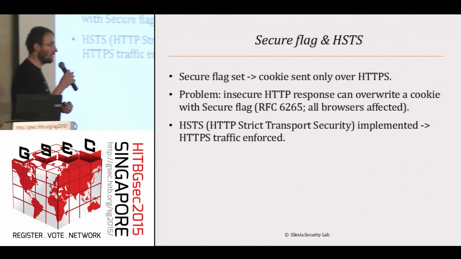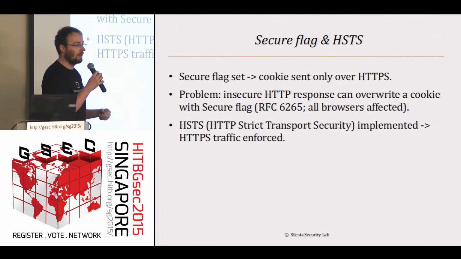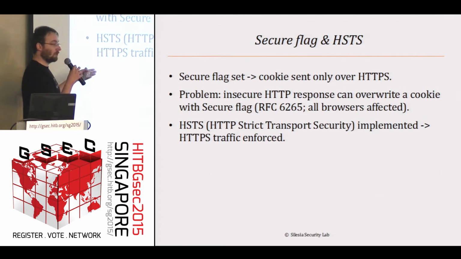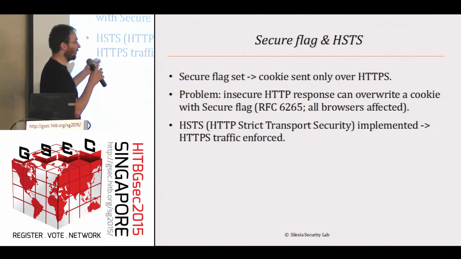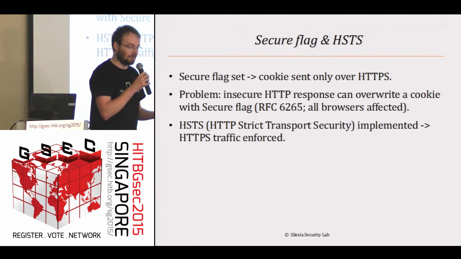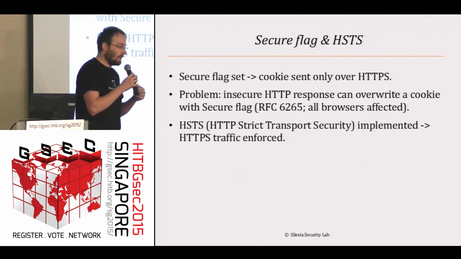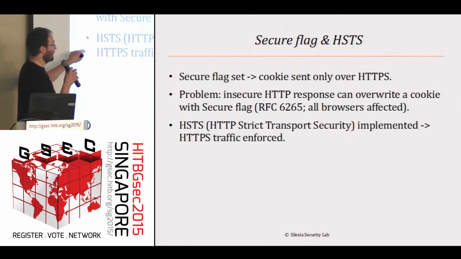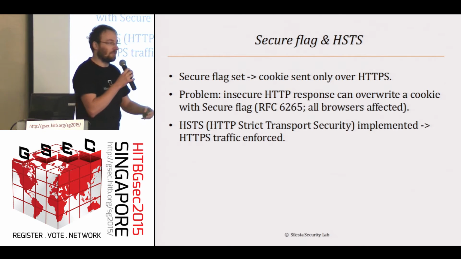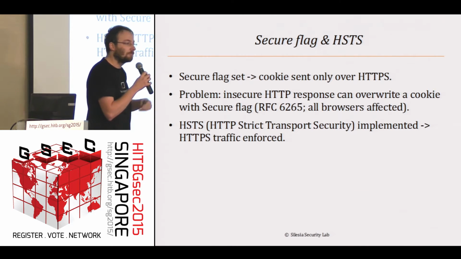Even if you manually try to type something in the URL, like HTTP, no, the browser will not allow you to do it. And from a configuration point of view, the overhead is extremely minimal because this is just one header in the response. If you have HSTS implemented and you don't have the secure flag implemented, you are still secure, right? Because the HTTPS traffic is fully enforced.